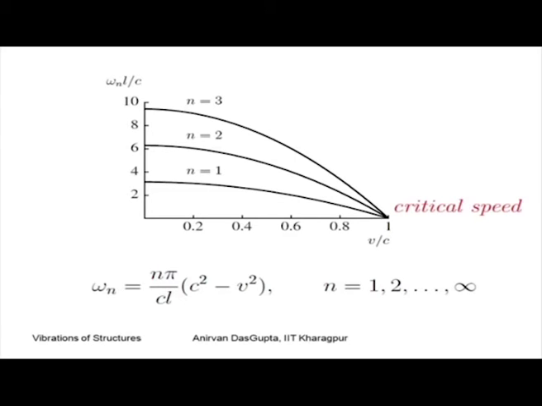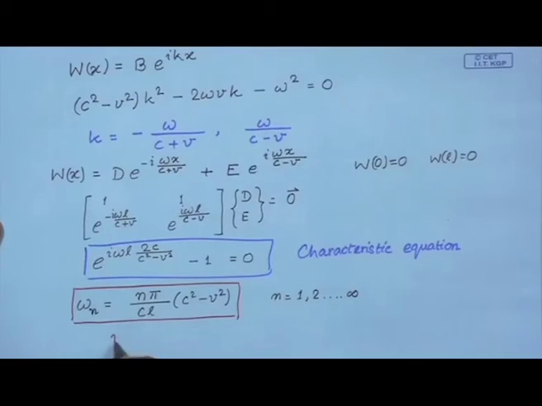As you can see, for all the modes when V by C equals 1, which is V equal to C, all the circular natural frequencies go to 0, and the variation you can see from this figure. This speed V equal to C is known as the critical speed. So, at the critical speed, the translating string loses stiffness.